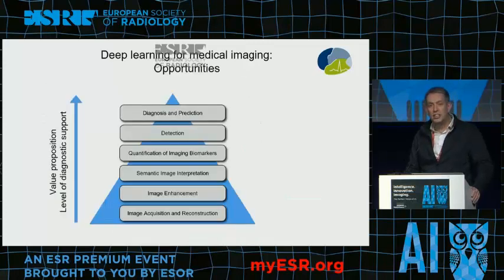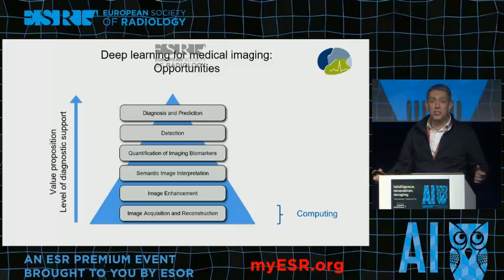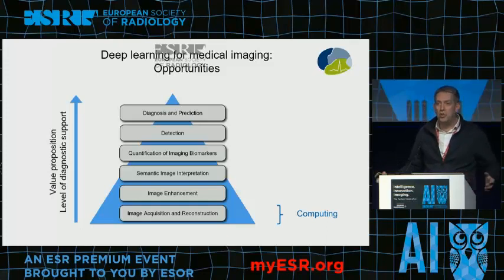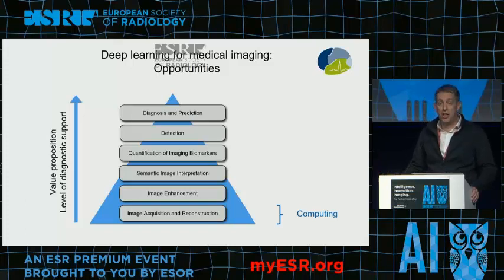So I'm going to use mostly these types of neural networks in the following. The lowest value layer sometimes we think about is image acquisition, but that's already very much a computational task. None of you will ever look at k-space data; typically, you always use a computer to reconstruct an image. So that's something we can already do very well with a computer.